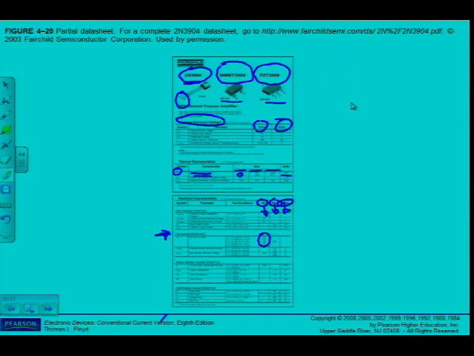They say the HFE will at least be this, because we've seen earlier where we discussed more about beta DC, that is something the manufacturer cannot control. So he can tell you it will not be less than this, but he can't tell you exactly what it is. Around 10 milliamps, it will give you a minimum and a maximum value.